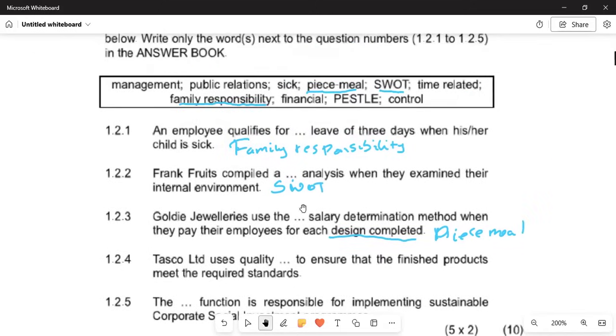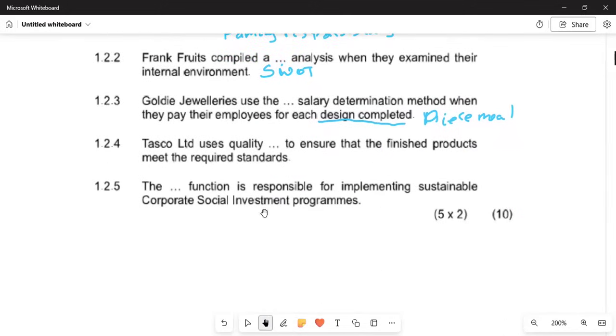They are going to use quality control, to ensure that finished products meet the required standard.